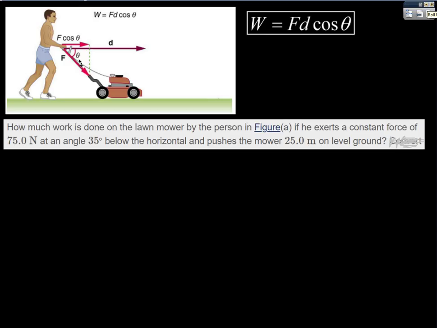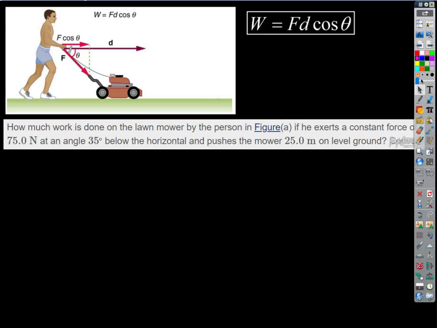What would we do? We're just plugging stuff in. What are we plugging in here? What's the force going to be? Sarah? 75. Okay, so when we plug in values here, we're going to get work equals 75 newtons.